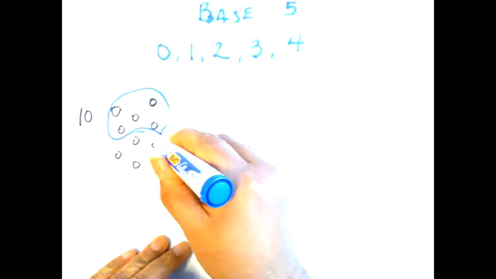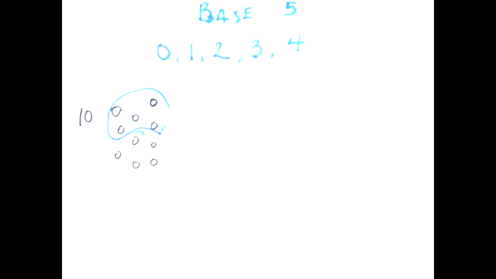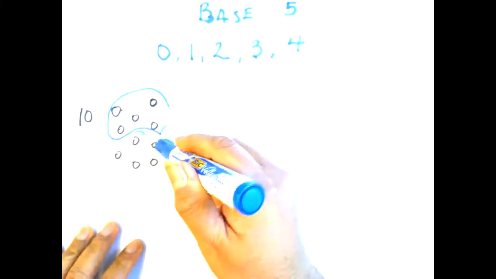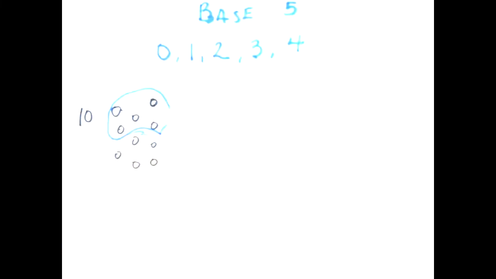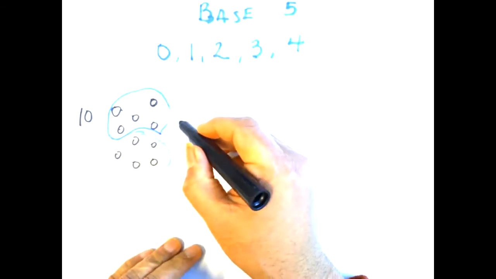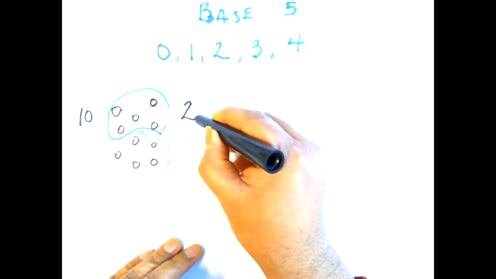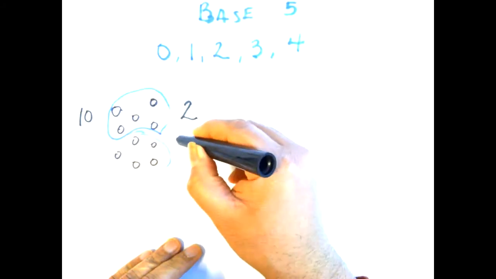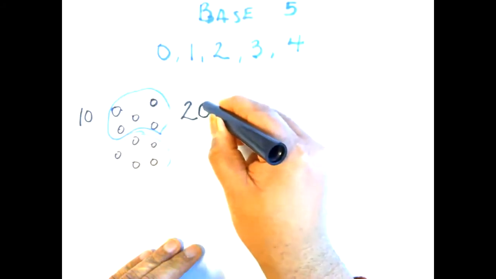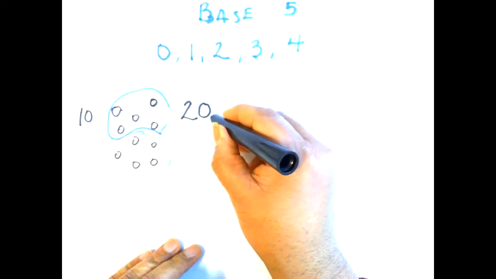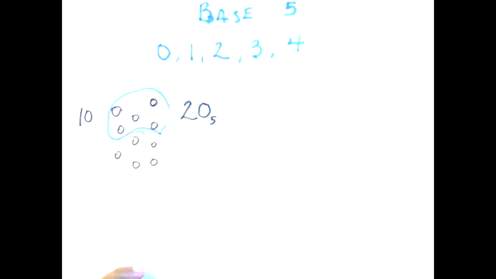That's another group of 5. So how many groups of 5? We have 2 groups of 5, and there's none outside, so we'll get 0. And so we put here 5 to denote that we're counting in 5s.